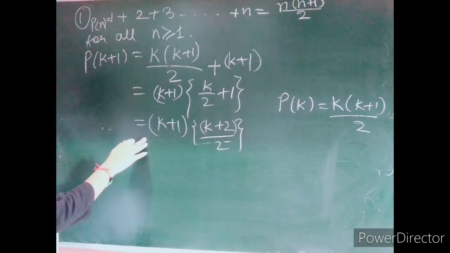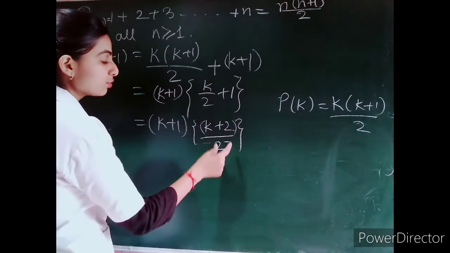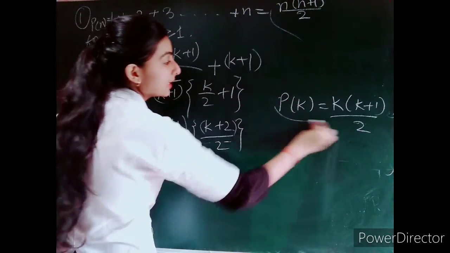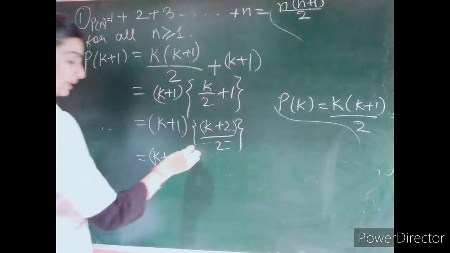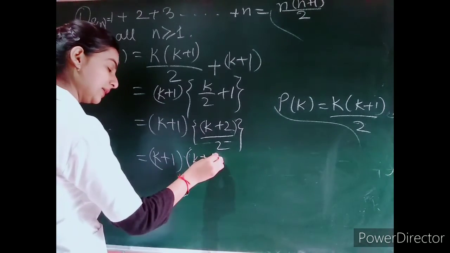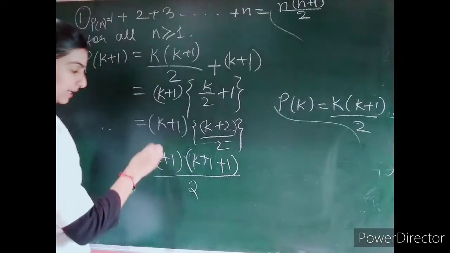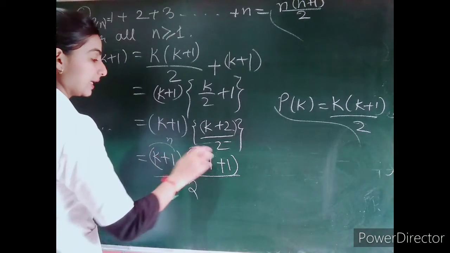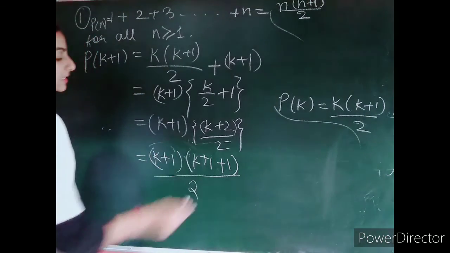In this equation we get k plus 1, k plus 2 upon 2. Now we have to make it in the form of this. So in k plus 2 we can write k plus 1 plus 1 upon 2, where if we assume k plus 1 is n, then it is n into n plus 1 by 2. So this is proved.